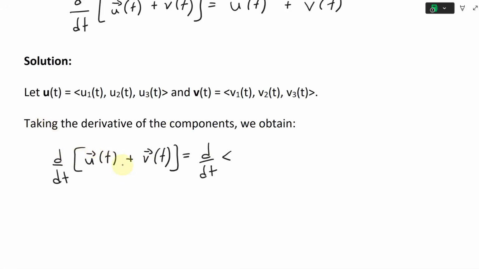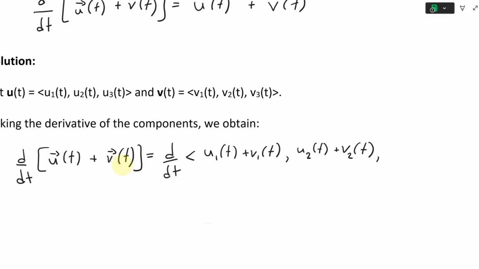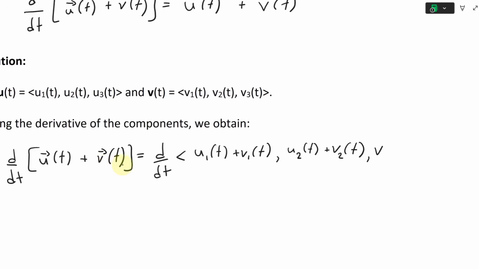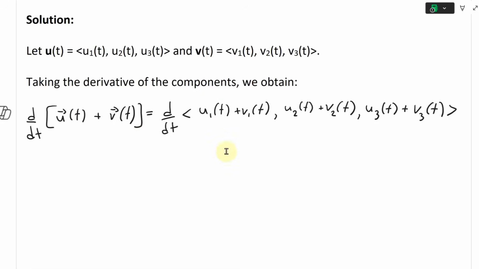It's going to be u1 of t plus v1 of t, and the next one is u2 of t plus v2 of t, and the last one is u3 of t plus v3 of t. Now I just shrunk it and put it in one line, so now this fits over there.